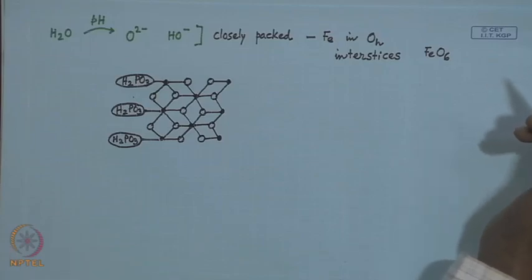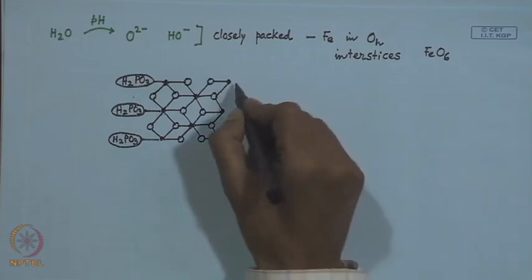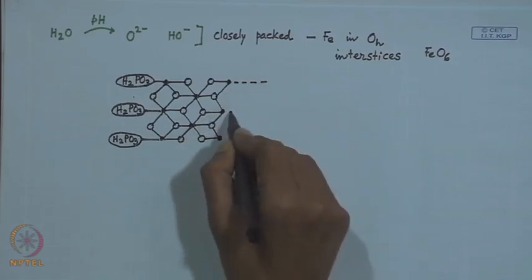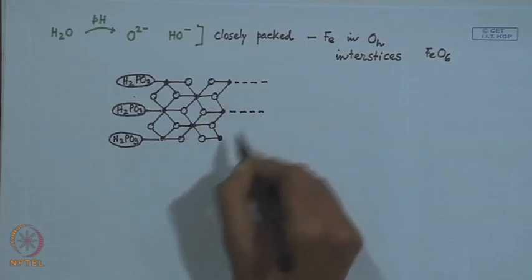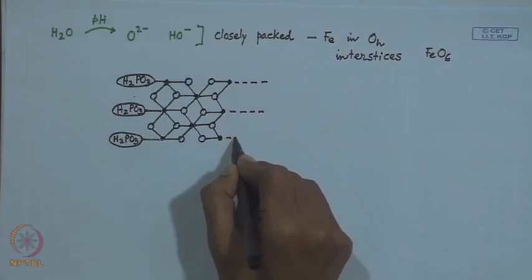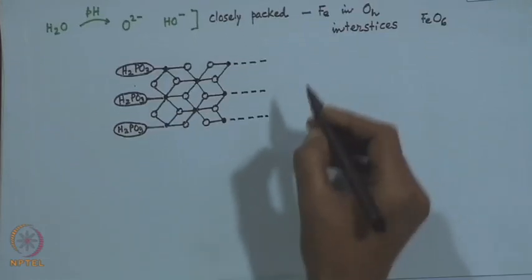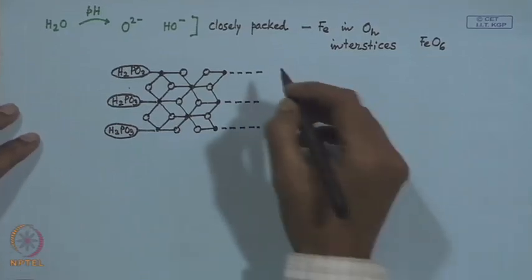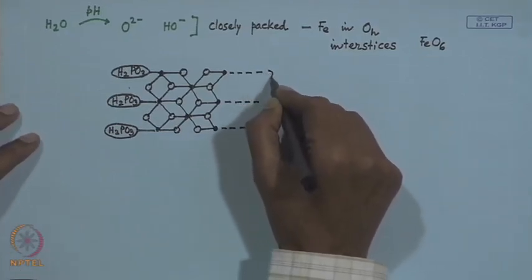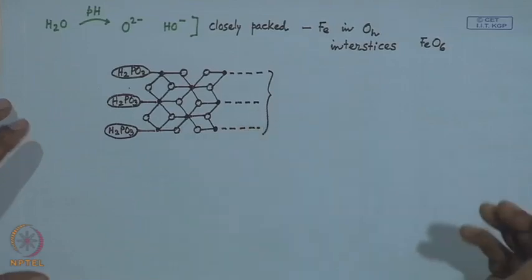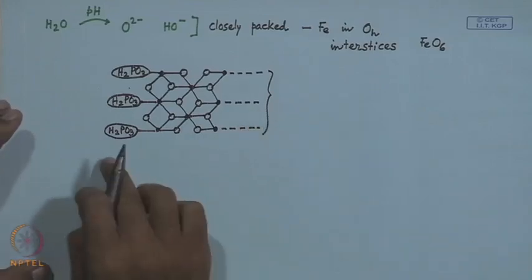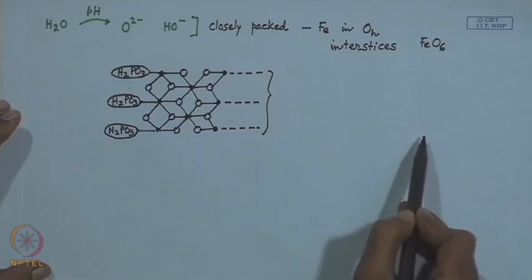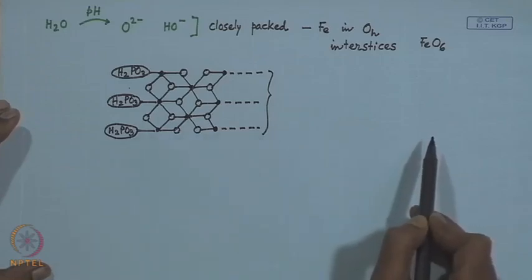So, this network will form immediately. This particular 2D sheet will continue. One half will be at the left hand side and the other half will go there. So, this will continue from left to right.